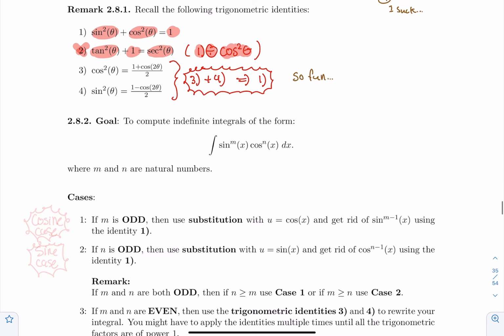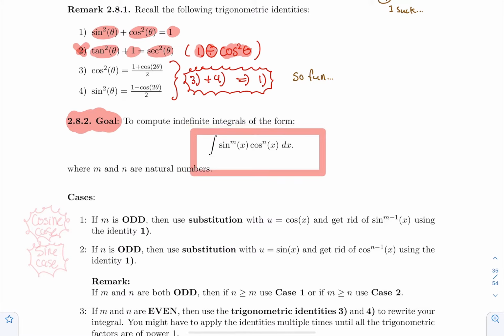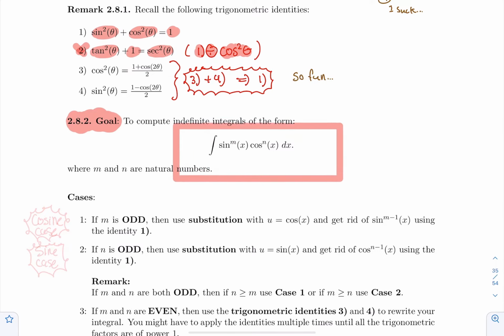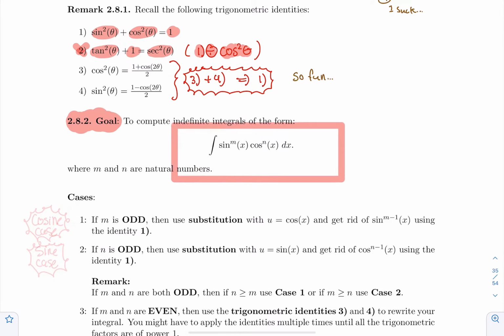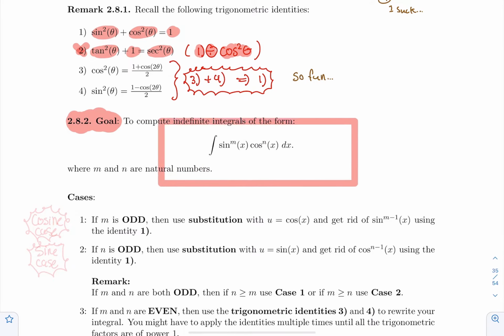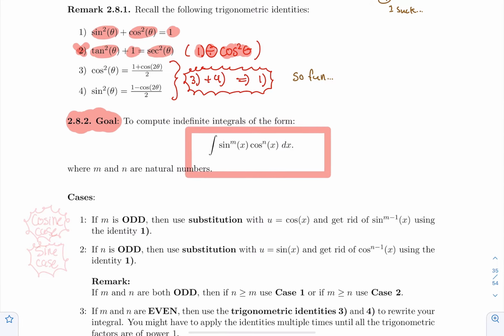The first type of integrals that we're going to be looking at in this section are powers of sine and cosine. So the goal will be to compute indefinite integrals of the form sine to some power m, times cos to some power n, dx, where m and n are typically natural numbers, so positive whole numbers.